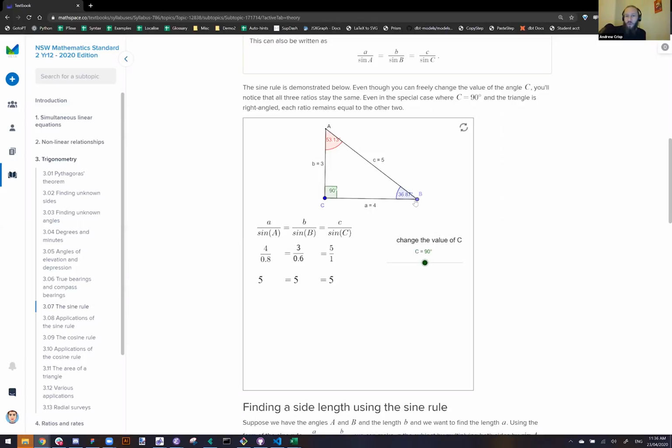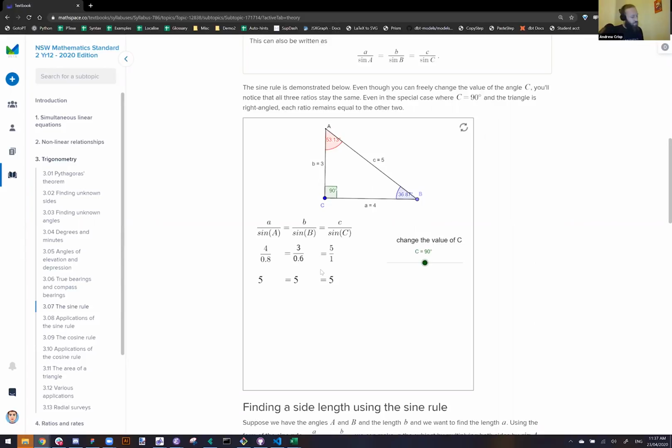Well, this is 4, and sine of 53.13, apparently that's 0.8. I'm just going to have to trust the applet on this one. B is 3, and sine of the angle across from it is 36.87. It's meant to be 0.6.